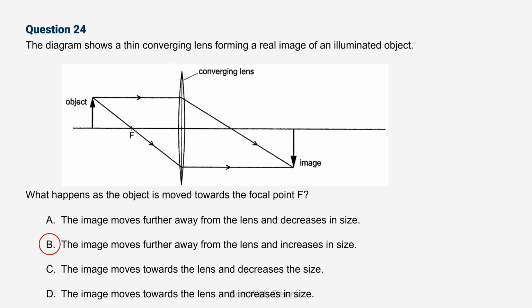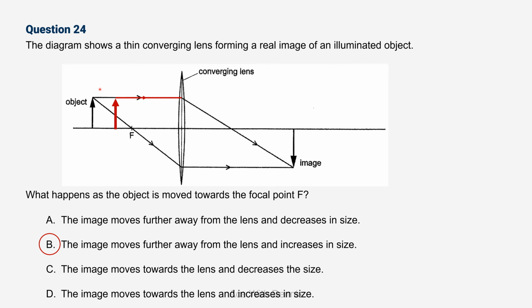So to get the answer, we can draw a new object which, as described in the question, moves towards the focal point. So this object is closer to the focal point compared to the original object. Okay, next we complete the ray diagram. First we draw a horizontal ray which is parallel with this horizontal line.